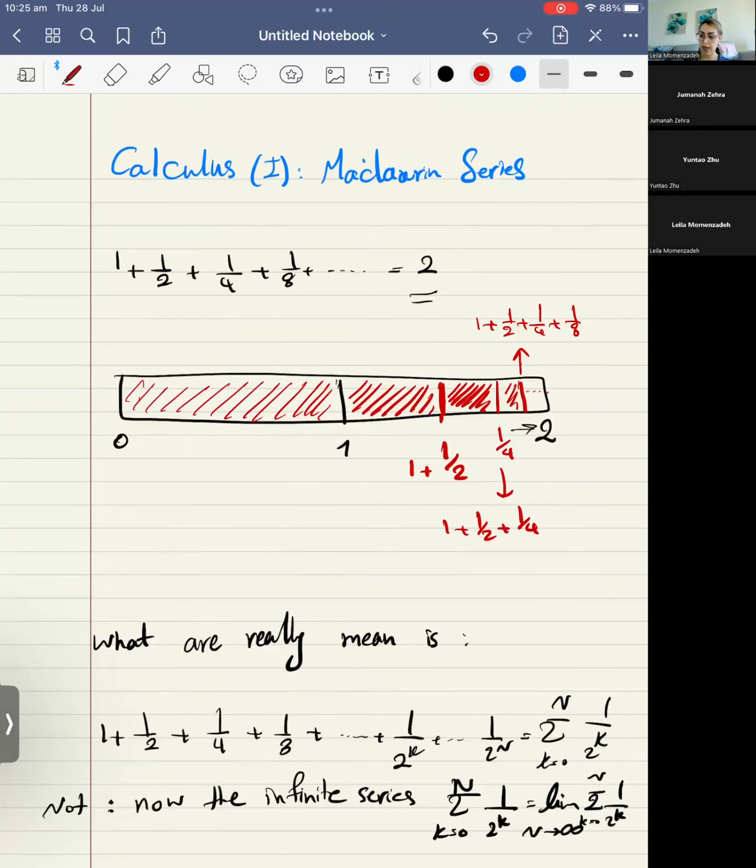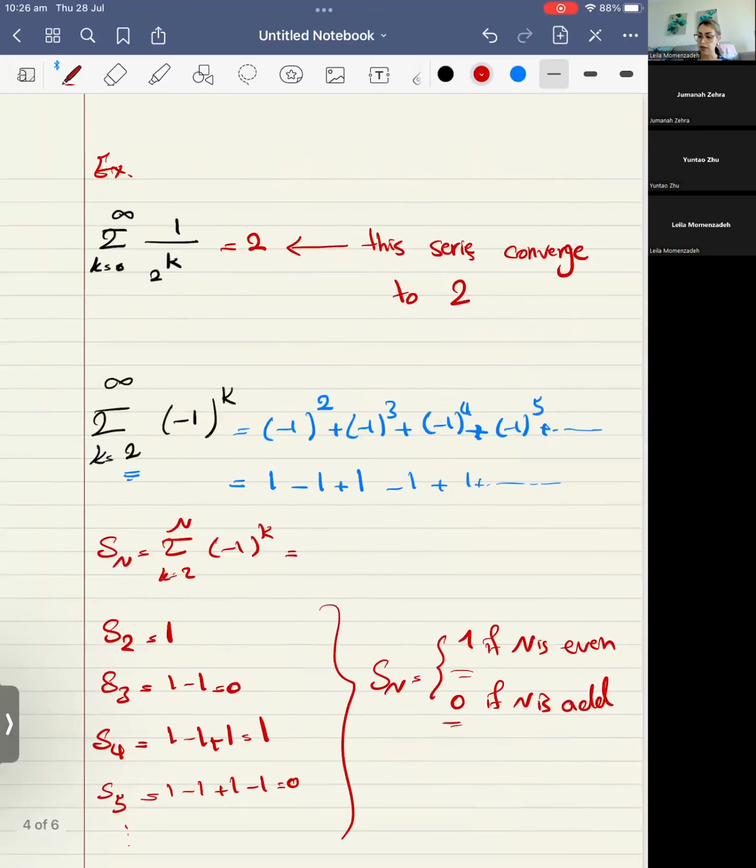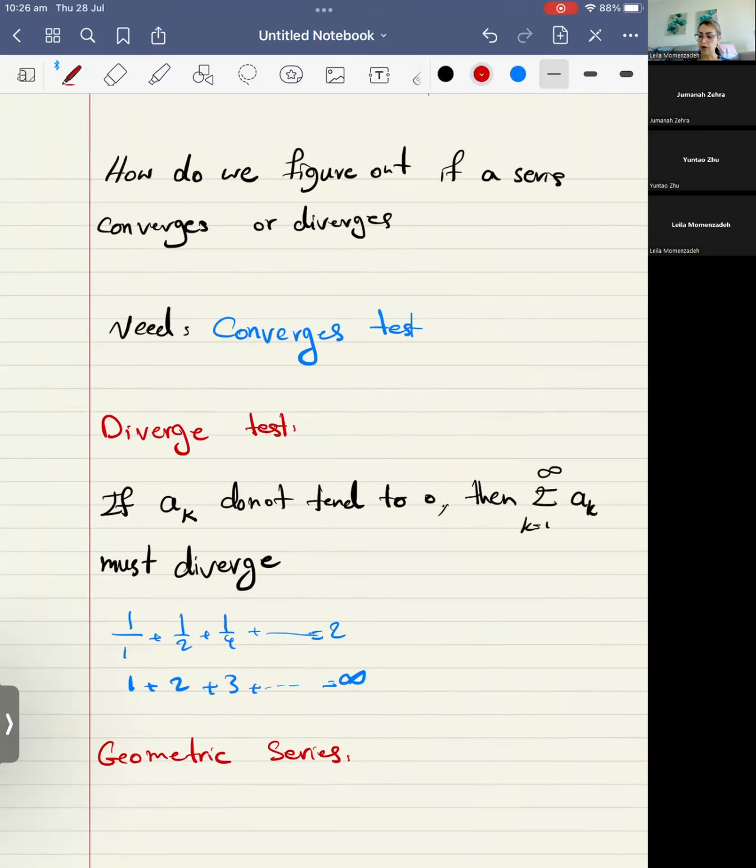Because this number decreases and decreases, but this one is included between 0 and 2, and at the end the limit of the series goes close to 2. But this number, 1 2 3 4, it goes up. If you put it in the graph, it goes up and goes to infinity.